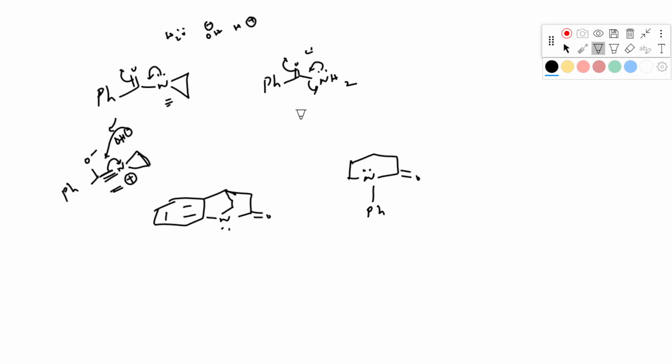So this lone pair will not participate here, and whenever this lone pair is not participating, hydrolysis is not possible. This lone pair can easily participate and it will get back, and hydrolysis is possible here. So the rate of alkaline hydrolysis of B is faster than that of A. So option 1 is the correct option.